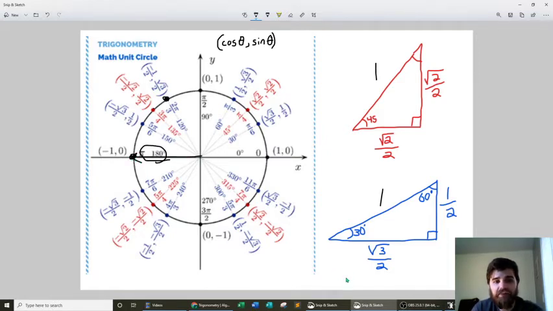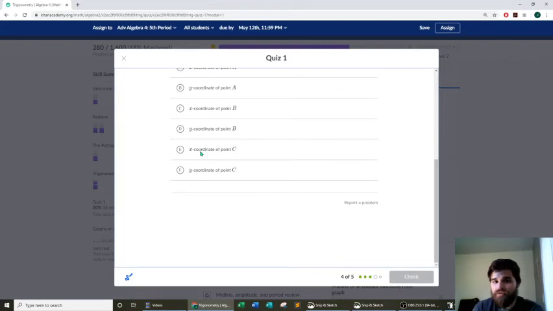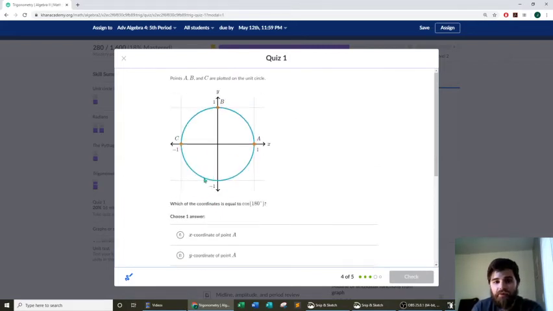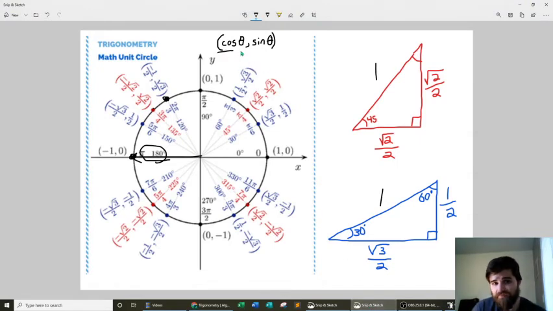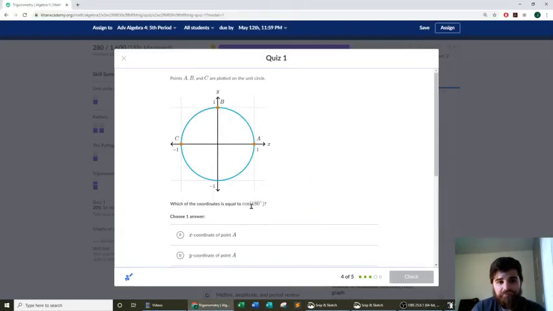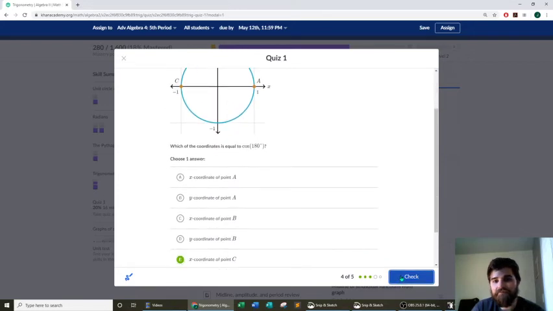So we should be looking at that point right there. Okay, so we're clearly involved with point C here. But we have two choices. Is it the x or the y coordinate? So remember, on the unit circle, like we talked about in my last video, the x coordinate is cosine, the y coordinate is sine. So if we're looking for cosine, that means we want the x coordinate of point C.